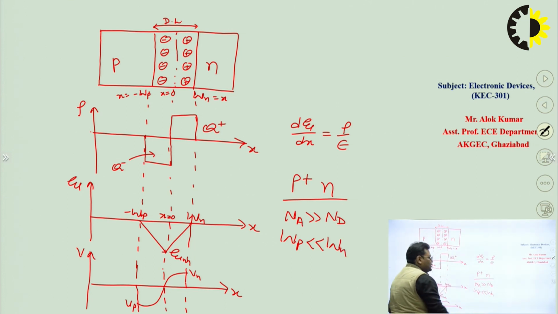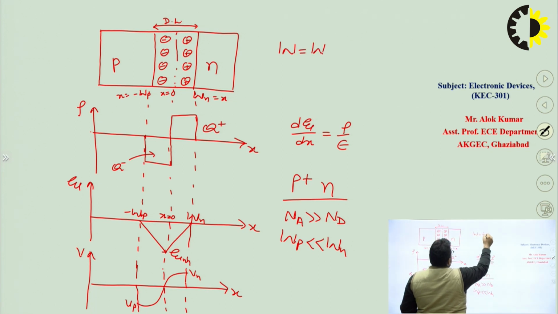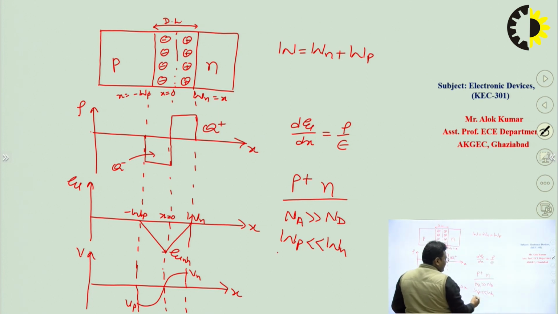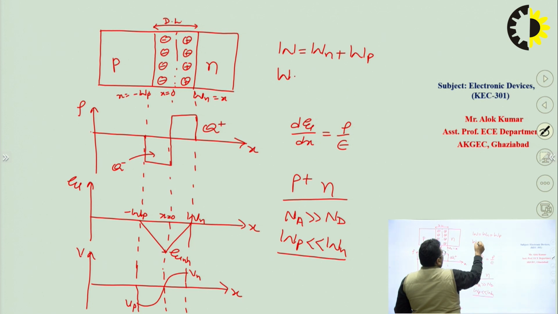That means the depletion region on the P side will be very small as compared to the depletion region on the N side. The total depletion region W is Wn plus Wp, and since we have considered that Wp is very much less than Wn, we can say W is approximately equal to Wn.